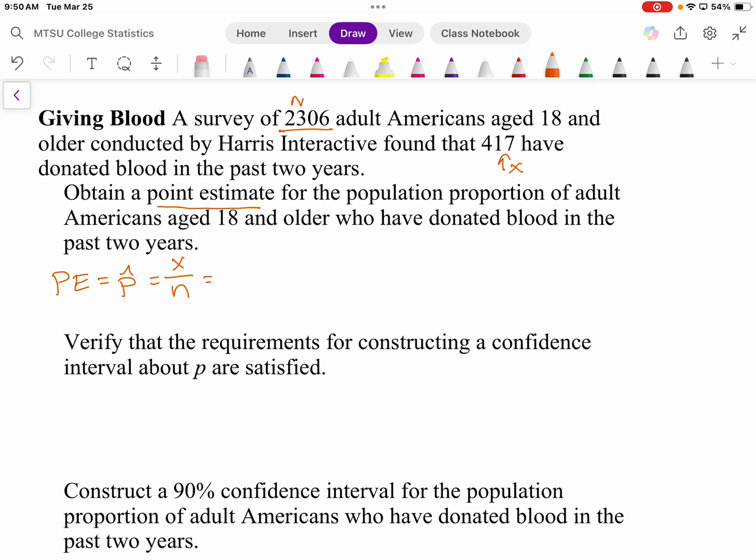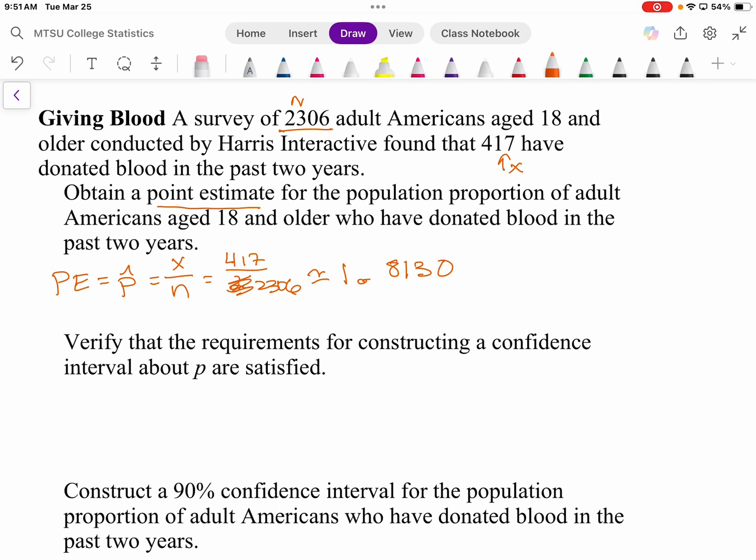So to find my point estimate, I would just do 417 divided by 2306. On a little calculator off to the side here, 417 divided by 2306 tells me that my p hat is approximately 1.8130.